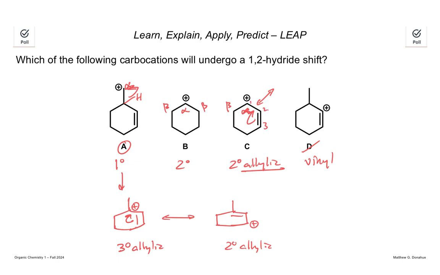That plus charge is going to move over to carbon 3 there. So in that case, C, you could probably think of the plus charge being equally distributed at carbons 1 and 3, as compared to choice A, where it's going to be different based on the classification.